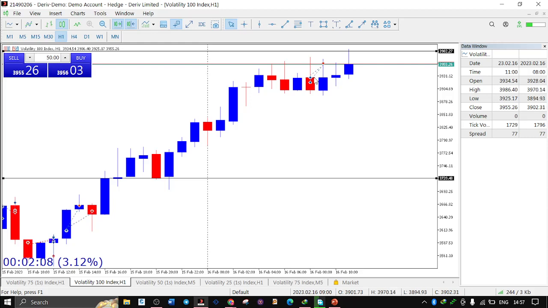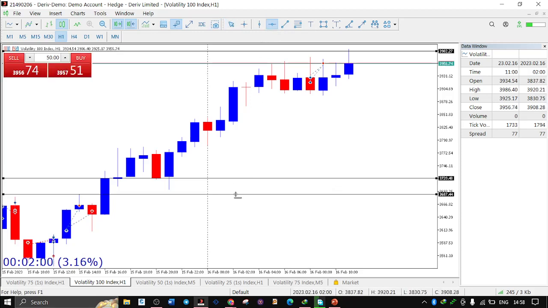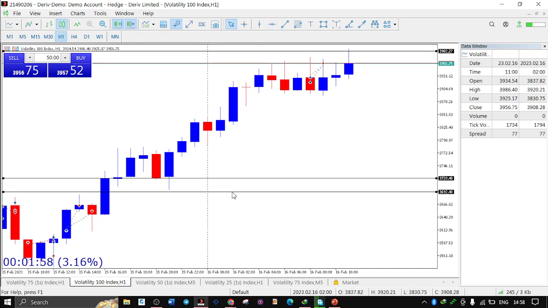Now the same applies to stop loss. Take for instance, you see this value. When we get another lower value, let us take this to be our stop loss down here.